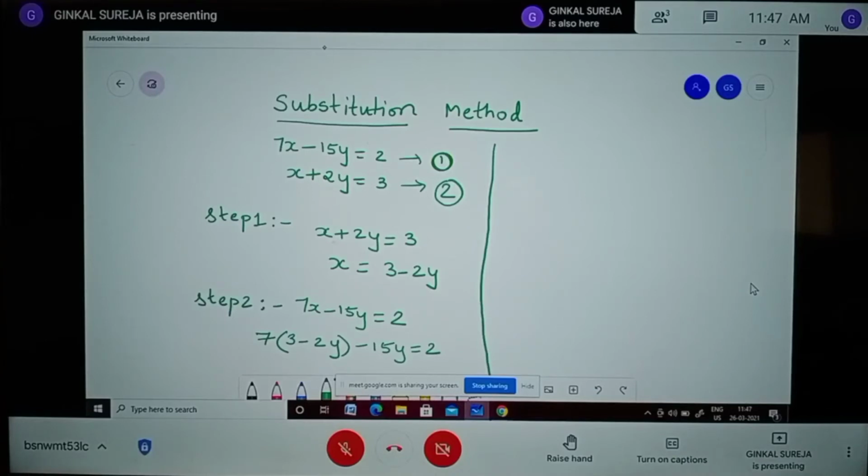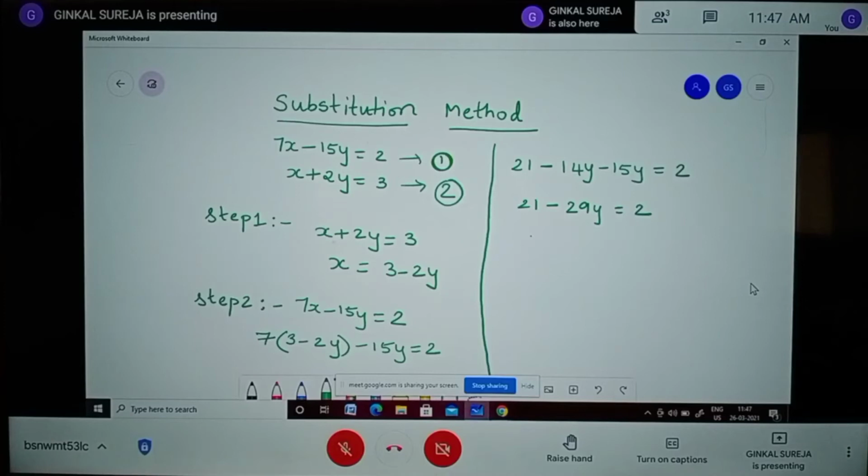Now 7 into 3 is 21, minus 14y minus 15y equal to 2. So this is nothing but 21 minus 29y equal to 2.